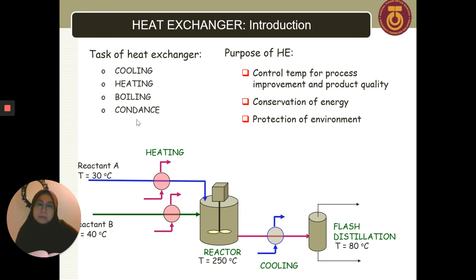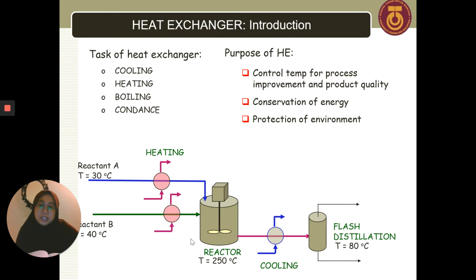For instance, you can see a process flow diagram here. Why do you need to heat your reactant before it enters the reactor? It is because normally your reactant or chemicals are at room or ambient temperature, while the reaction takes place at an even higher temperature.